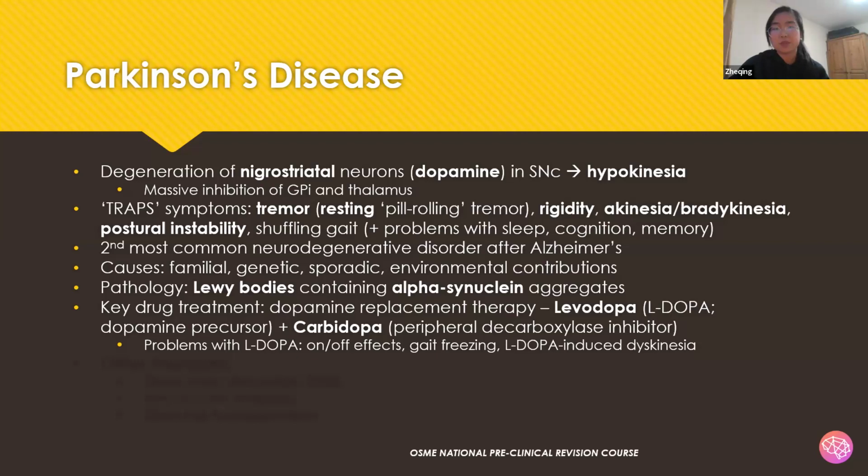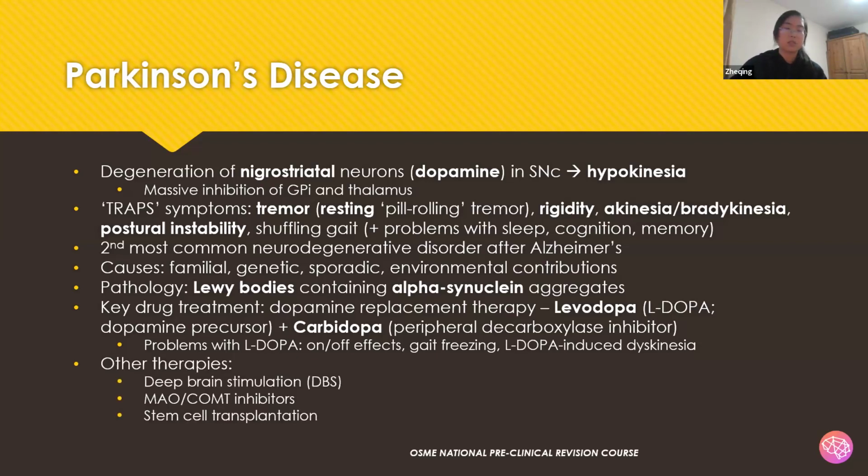There are some problems with L-dopa, including on-off effects and gait freezing, so the patient can sometimes completely freeze, and sometimes have too much movement, and dyskinesia, which is irregular involuntary movements. Those are some side effects.